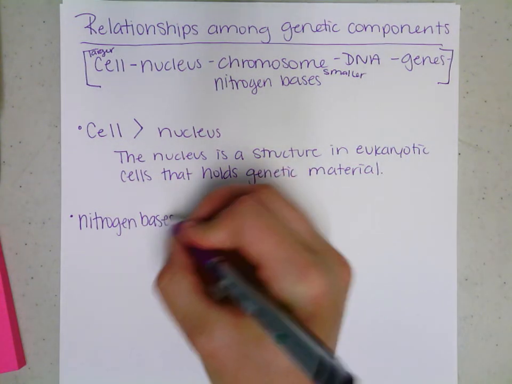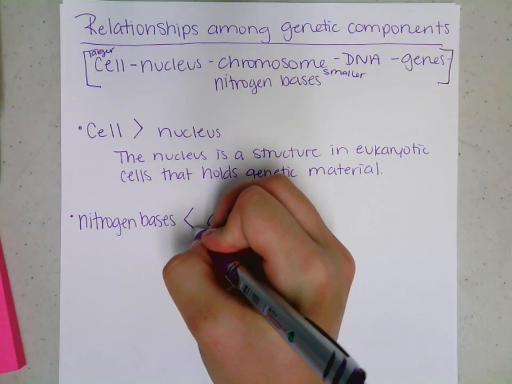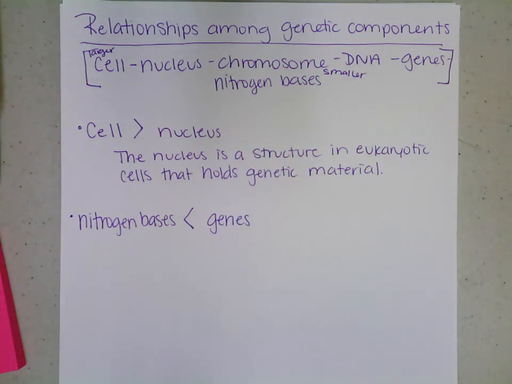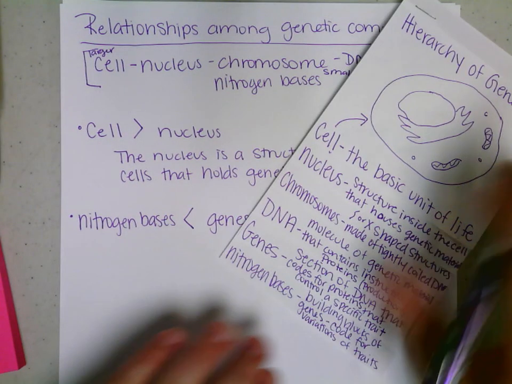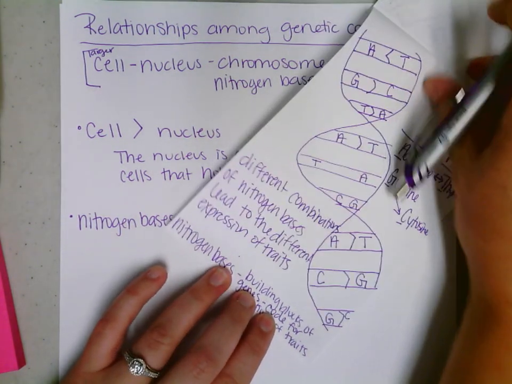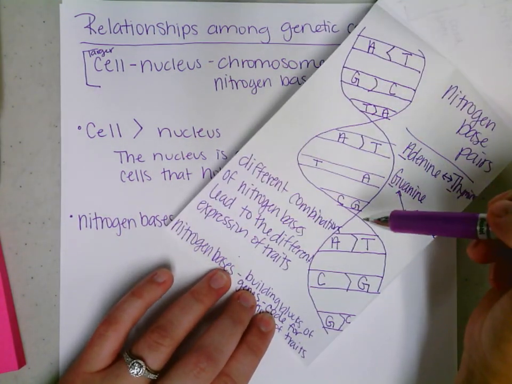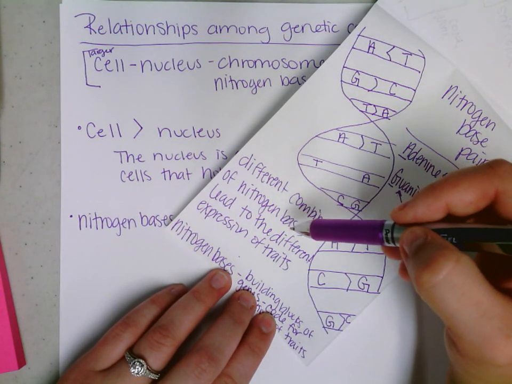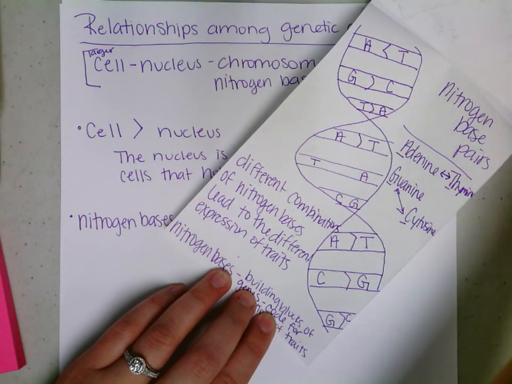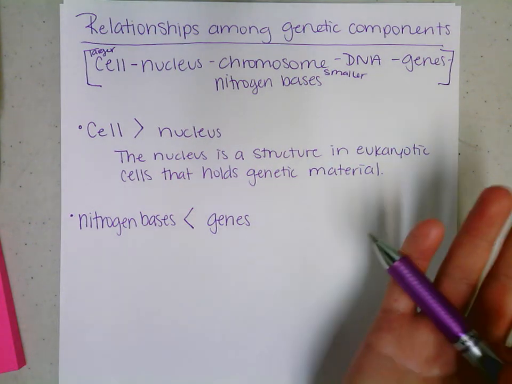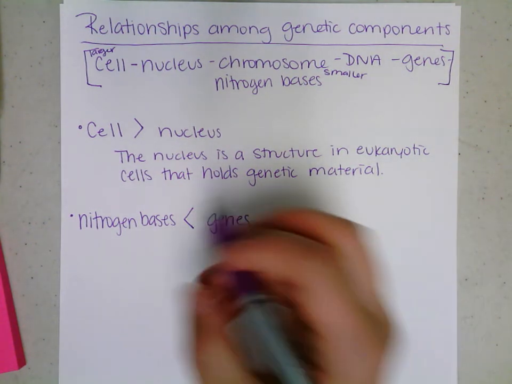So we know that nitrogen bases are smaller than genes, or lesser than symbol with genes. If we look back to our flip book yesterday, we see that our nitrogen bases completely make up our genes, and the different combinations of those nitrogen bases lead to the different expression or traits or different variations. So essentially what we're doing is we're putting that definition or that understanding into words right here.